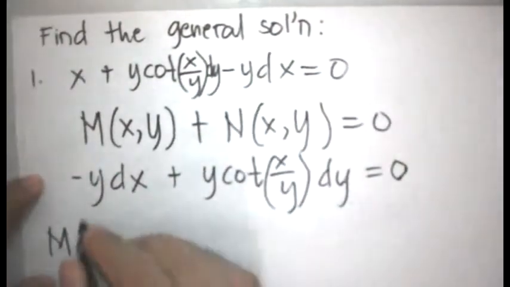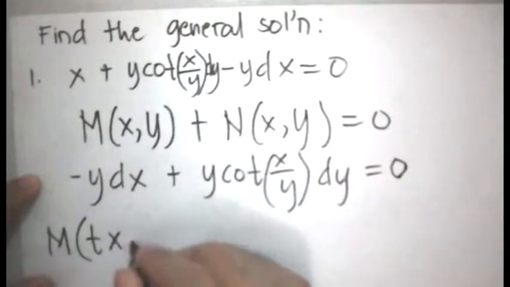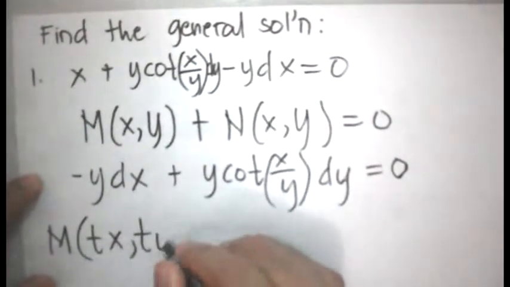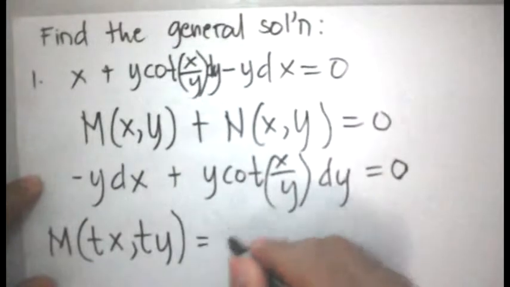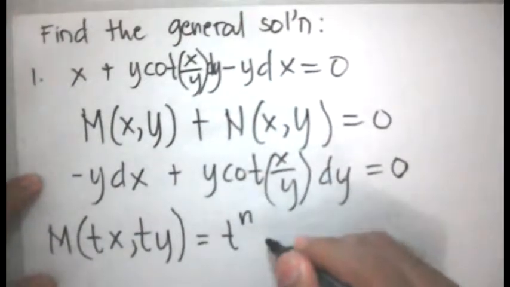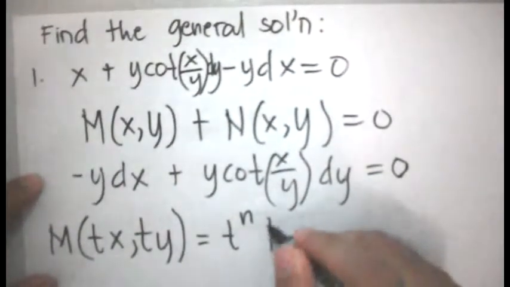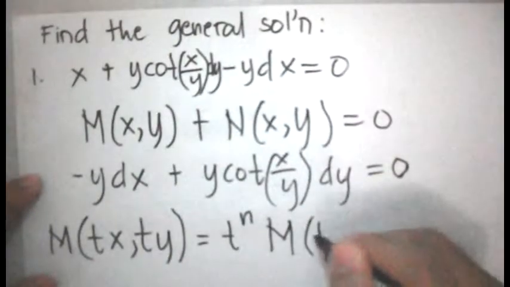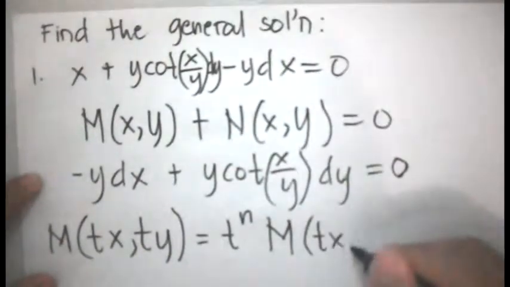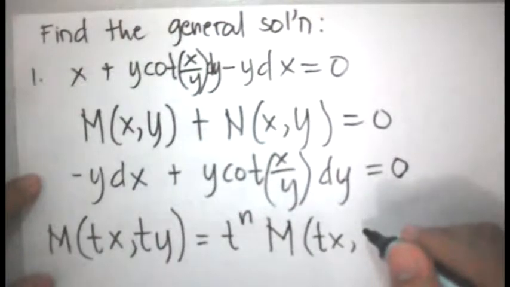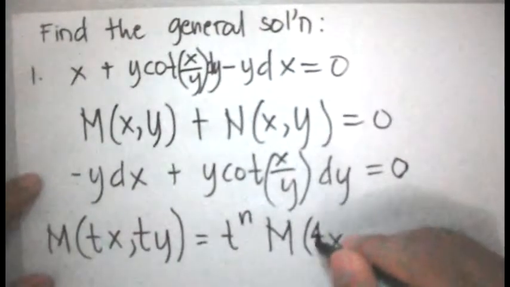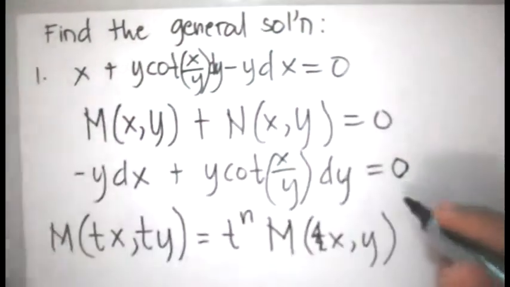So M(tx, ty) should equal t to the n times M(x,y).